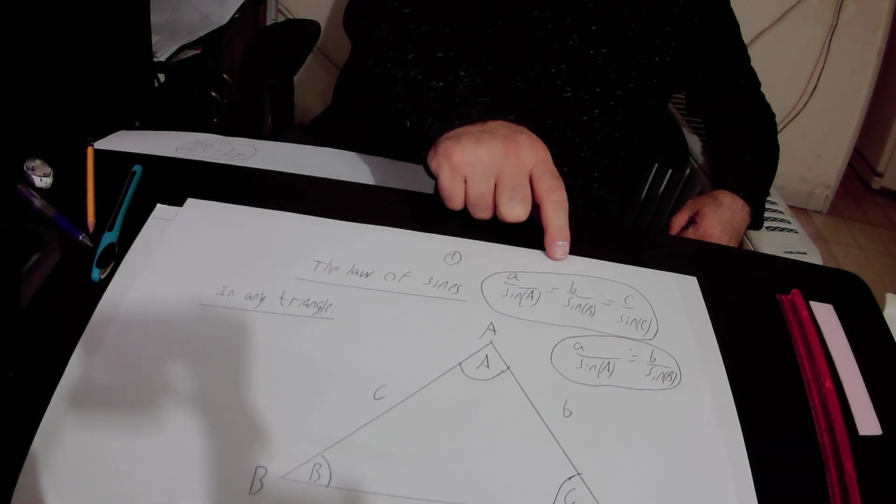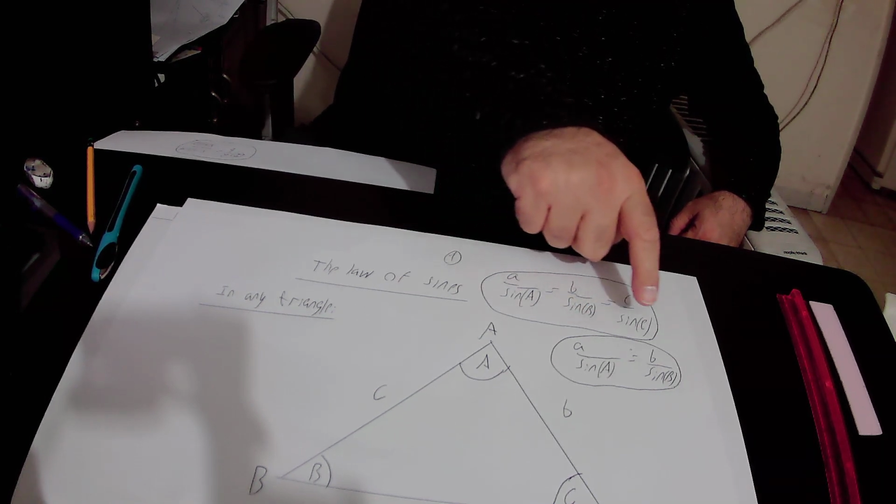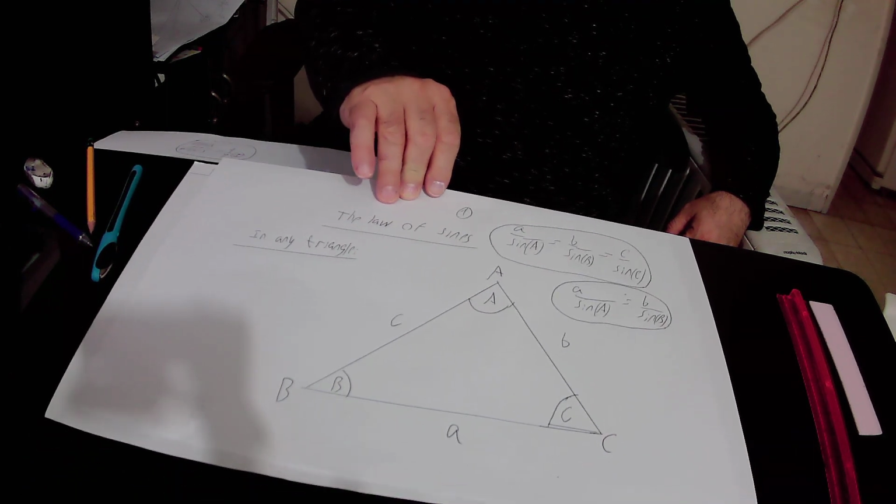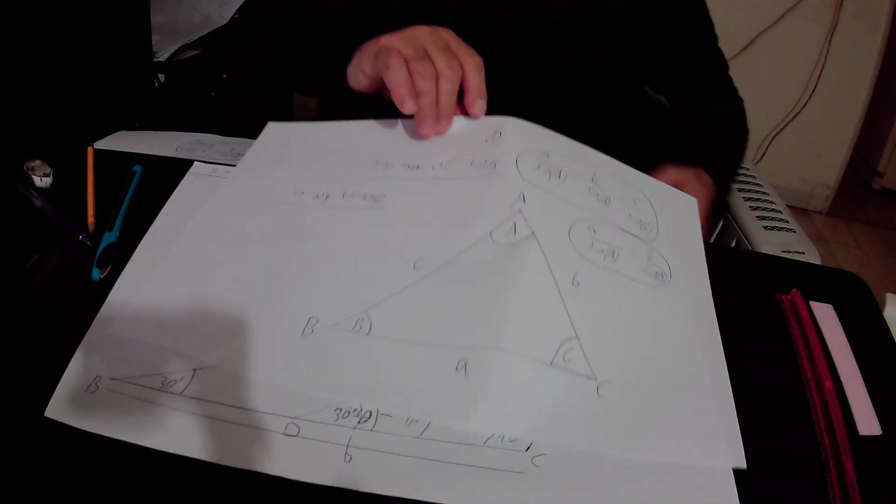We will derive from this formula that A over sine A equals B over sine B, and we can implement the law of sines in our drawing.